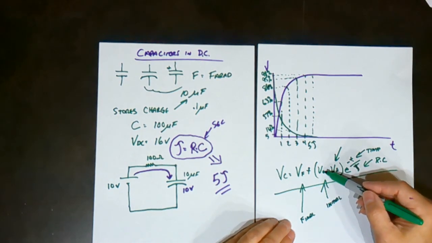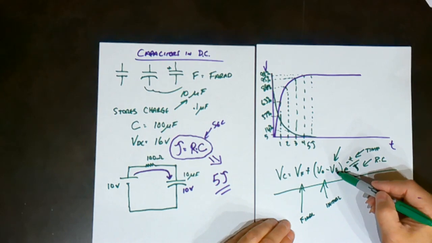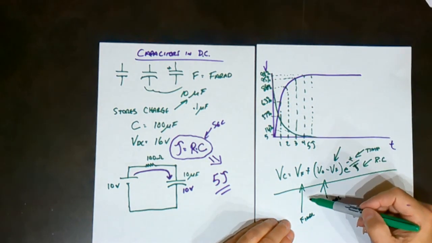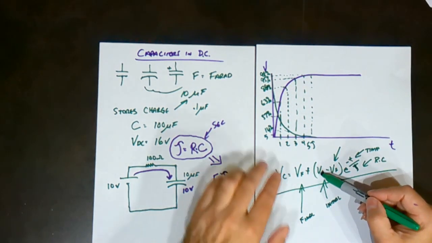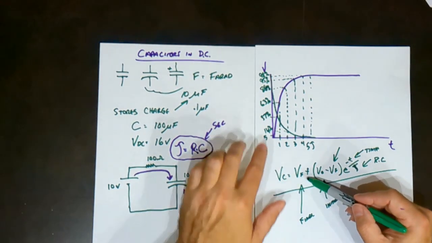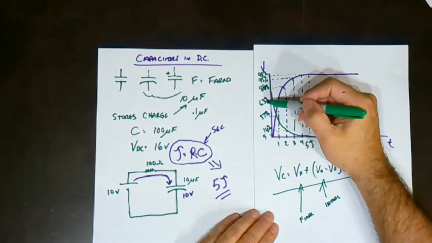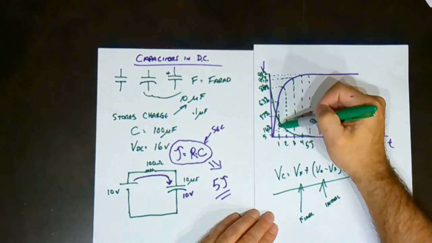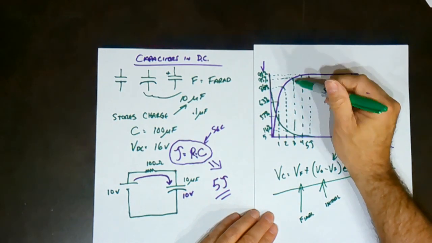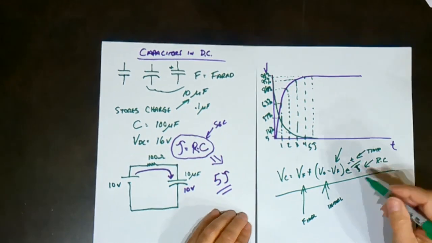The initial is 0 if we're starting it empty. Final 10. If this is discharge, my initial is going to be 10, because I'm starting fully charged, and my final would be 0. So again, 1 tau 63%, 2 tau 86%, 3 tau 95%, 4 tau 98%, 5 tau 99%.